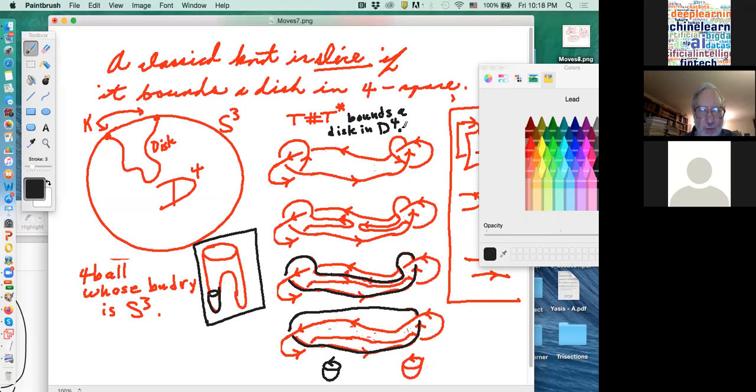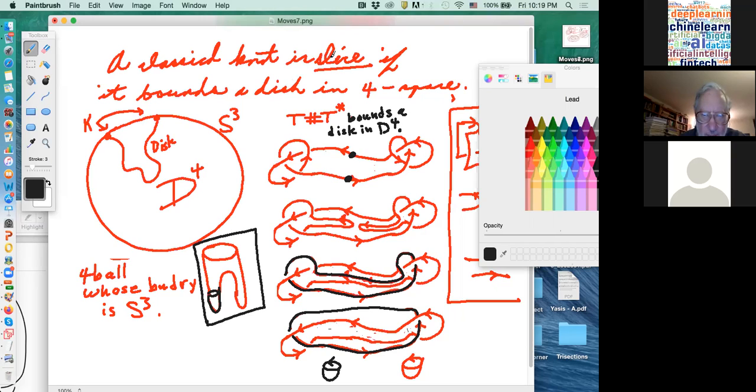This is not special for T connected sum T star. It's true if you take any knot, take its connected sum with its mirror image, then all this same kind of thing will happen. There's actually another reason for this, a more geometrical, direct one. Maybe you'd like to think about it. The more direct geometrical one says, think of this as a string which goes around like that and it's anchored here.